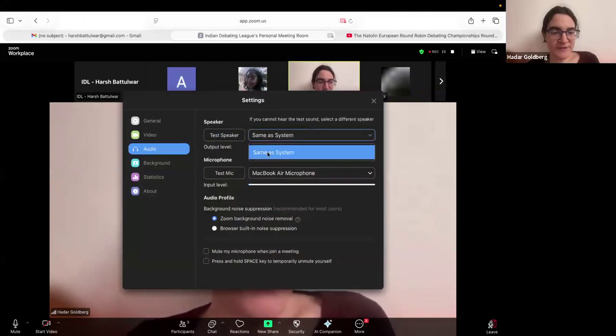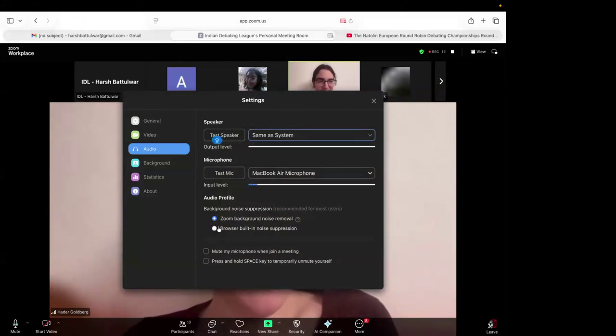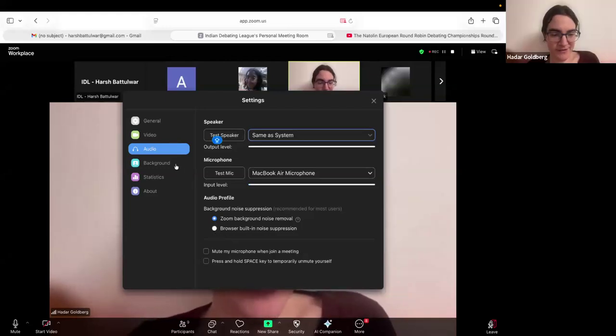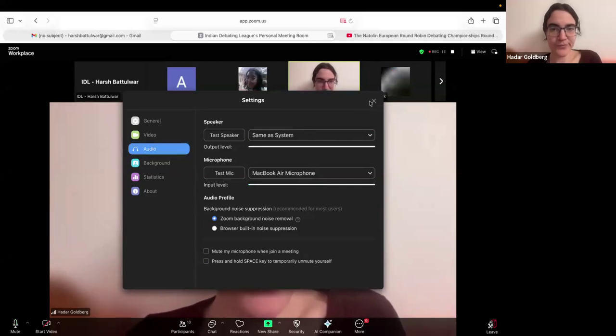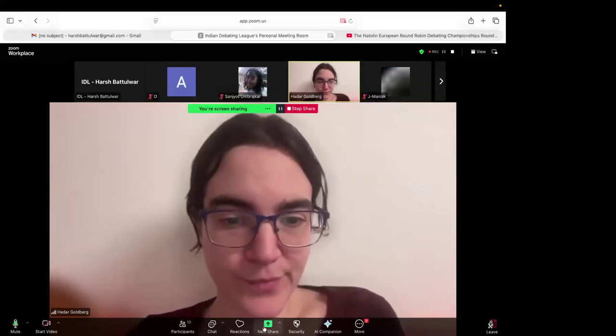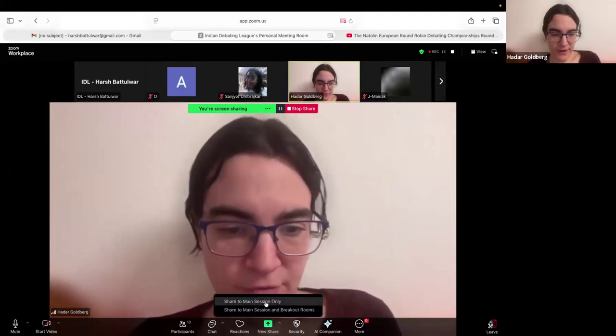It won't be in the speakers because you're not using the speakers to share sound. What do you see if you press just the share screen at the bottom? I just see the option to share my screen. Can you show me for a second? Is it visible now? Can you tap the right arrow?